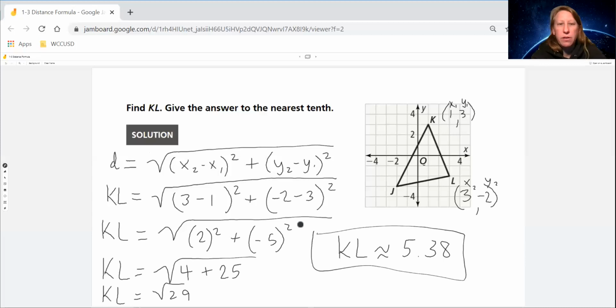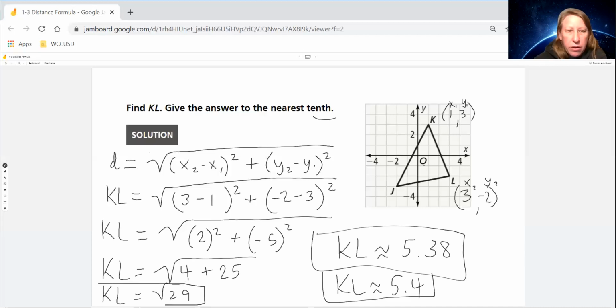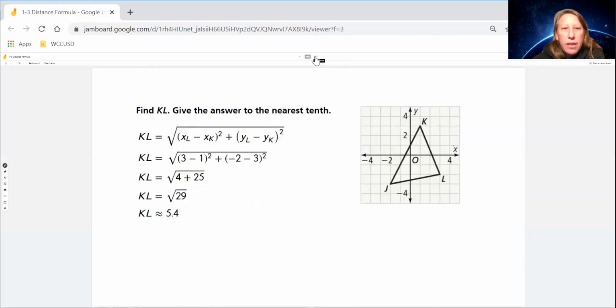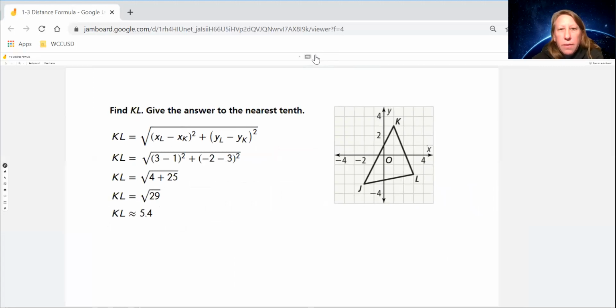It says round to the nearest tenth, so I should have done 5.4. In math, we like the exact answer better, but if it asks you to round, then you should round to the indicated place value. Look, they got the same thing I did.